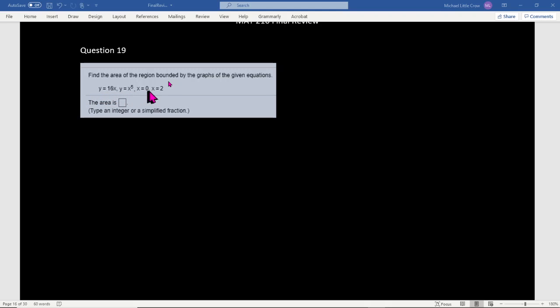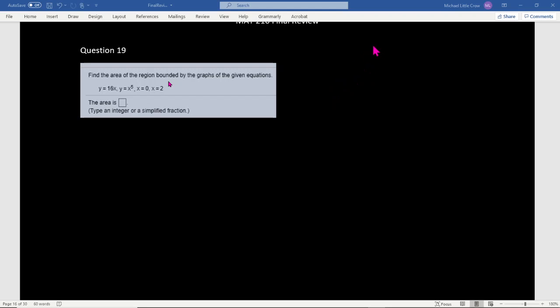From 0 to 2, plug in 2 to the fifth, which is 32. I think 16x is actually going to be above.